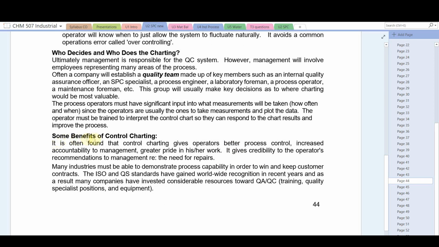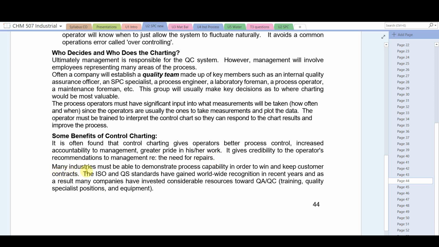Are there any benefits to control charting? Absolutely. It's often found that control charting gives operators better process control, also increased accountability to management, good or bad, greater pride in his or her work. It gives credibility to the operator's recommendations to management regarding the need for repairs or improvement or replacement.